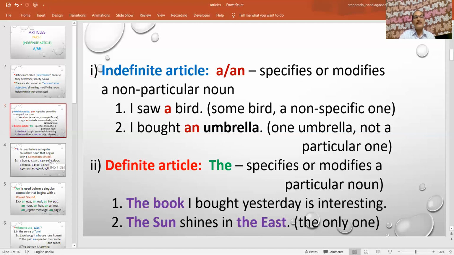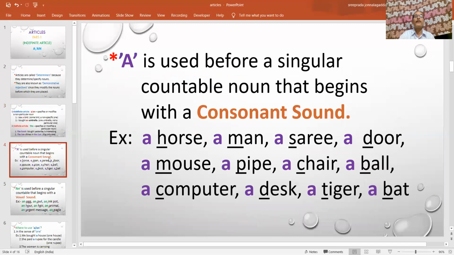That's why it is known as definite article. So basically, indefinite articles, a or an, specify non-particular nouns, and the definite article, the, specifies or modifies a particular noun.